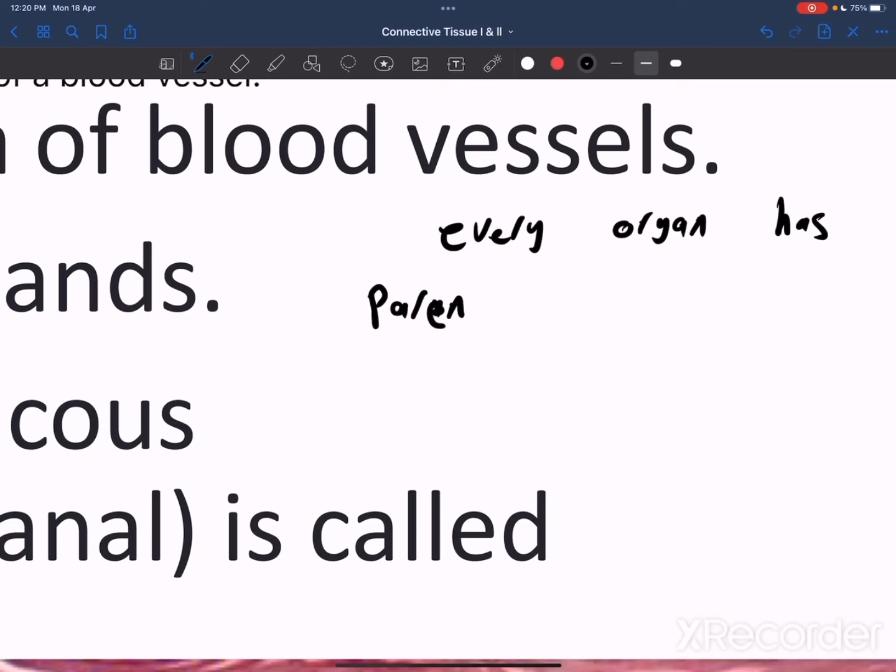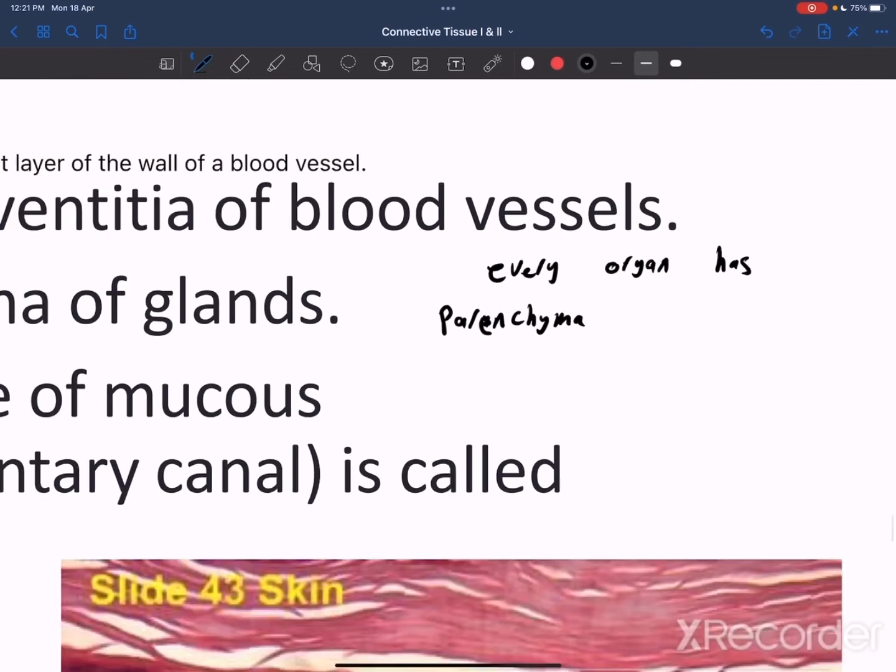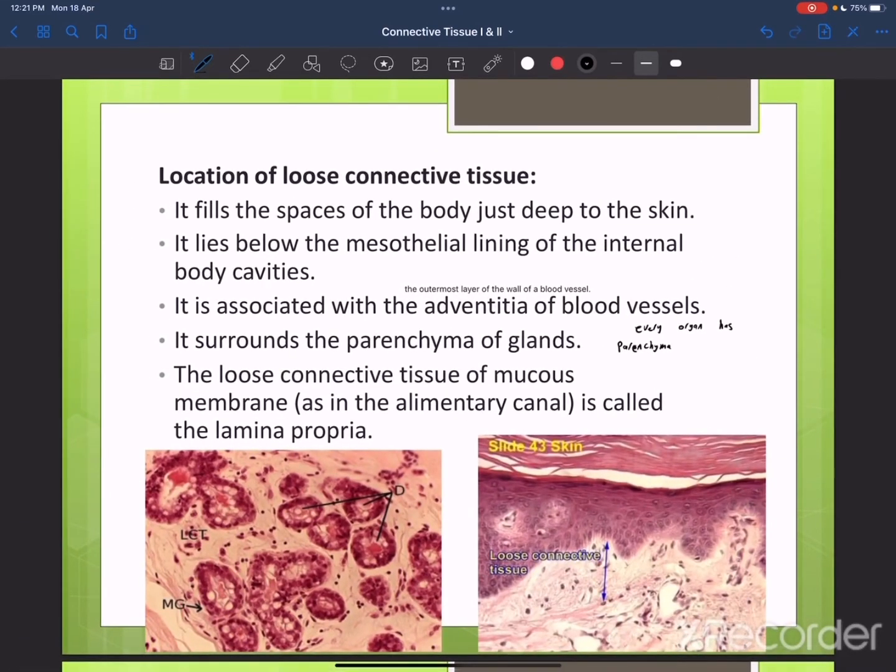While stroma is the part of the organ that supports the parenchyma and runs between it. It is mostly connective tissue, thin lines or plates of connective tissue that support the parenchyma. So, for example, when we say it surrounds the parenchyma of the glands, we mean it supports them.